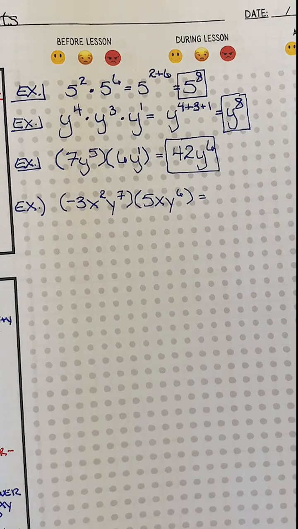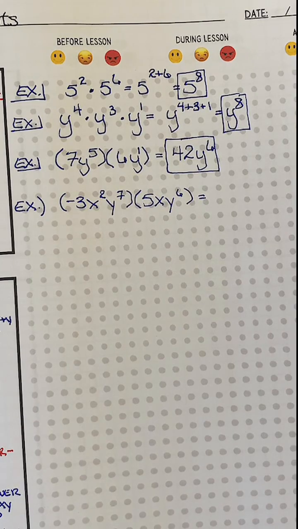Heather is saying negative 15x cubed y to the 13th. Felicia says negative 15 x cubed y to the 3rd, Amara, negative 15 x cubed y to the 13th.